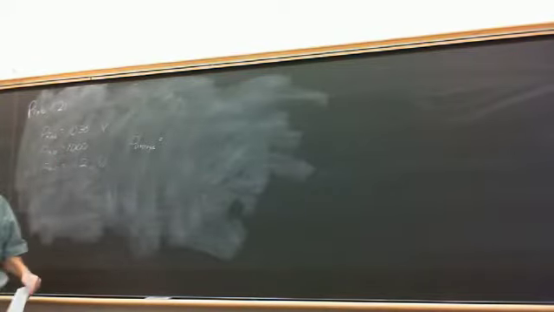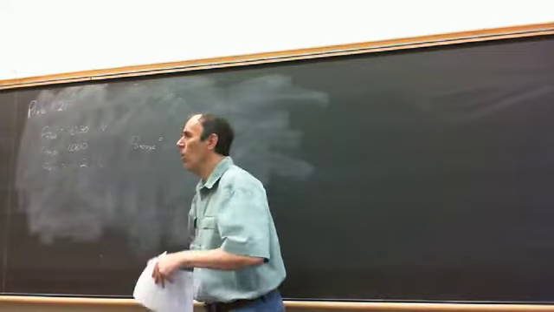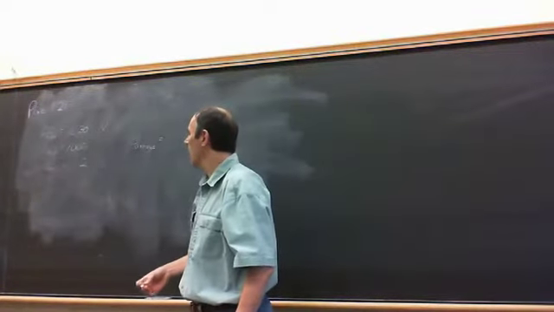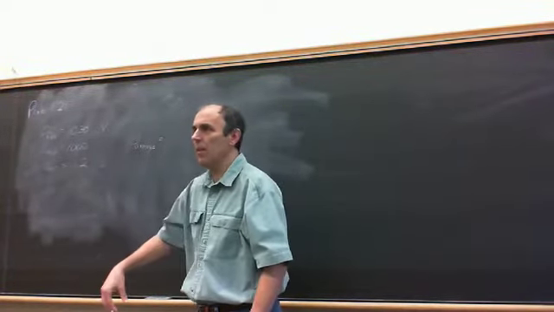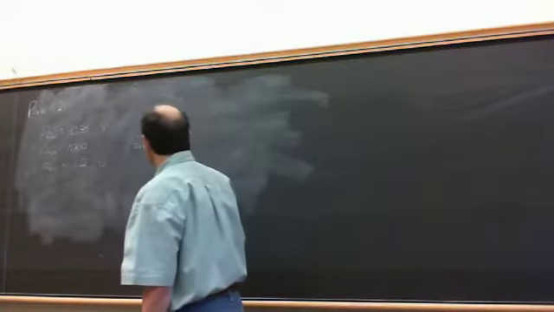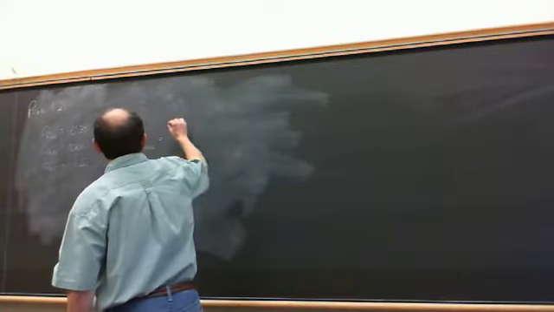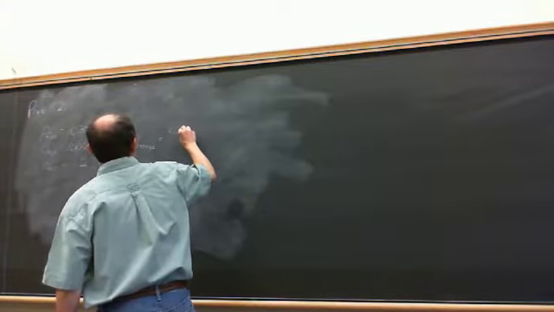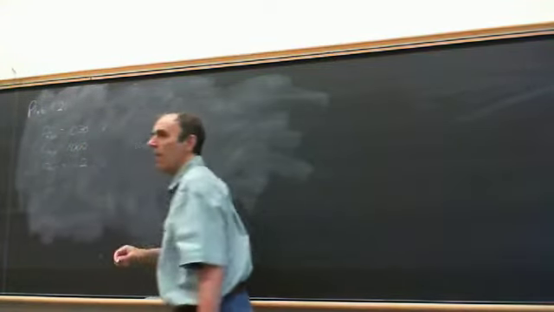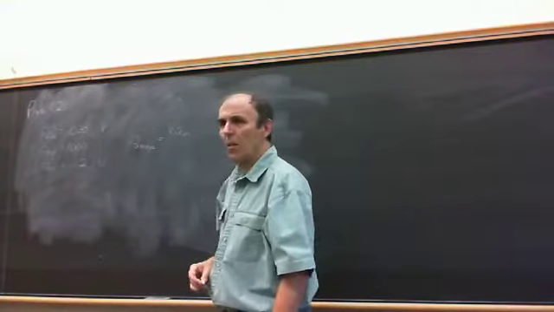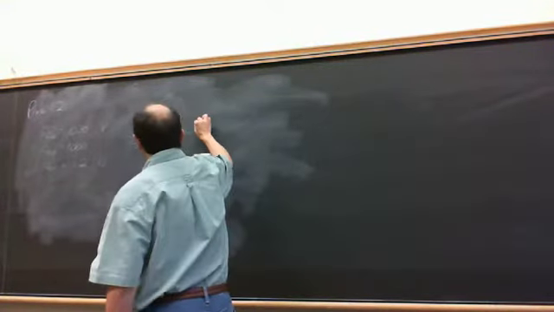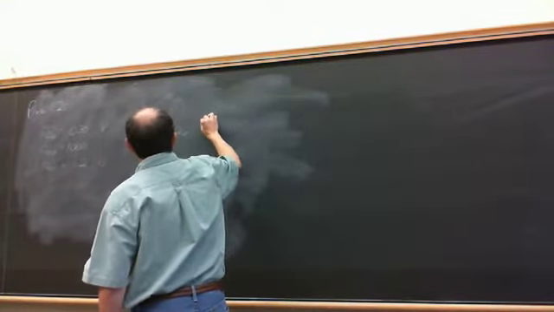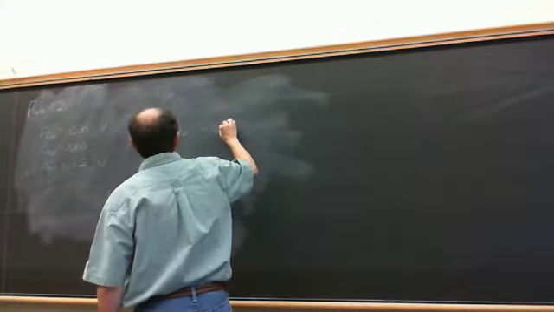So the total density is going to be the total mass of the fish plus the air bladder divided by their total volume. So the mass of the fish is going to be V times the density of the fish. And the mass of the air bladder is going to be U times the density of the air bladder.